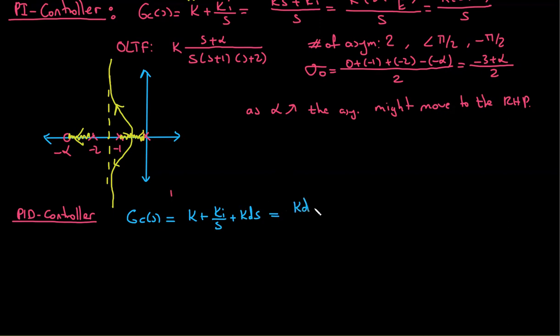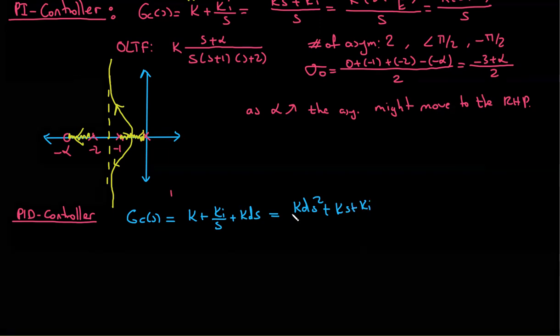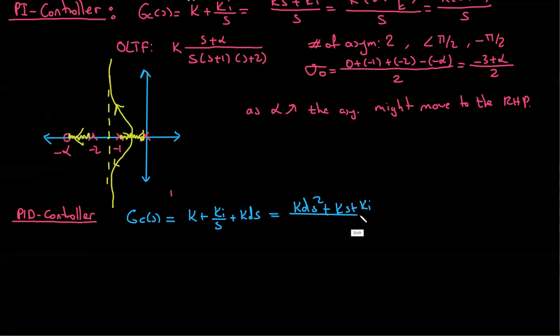It is equal to kd times s squared plus kp times s plus ki, divided by s. And I can write that further as kd times (s squared plus kp over kd times s plus ki over kd), divided by s.